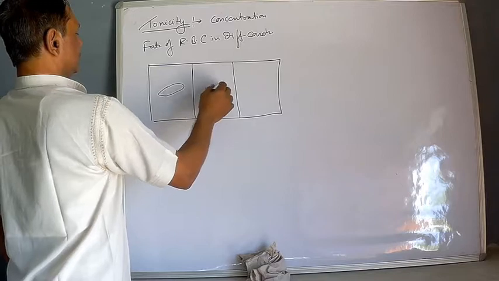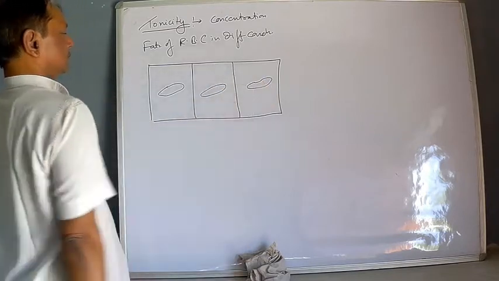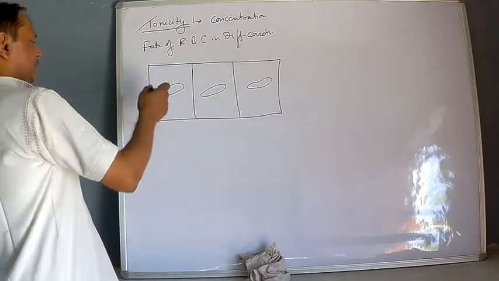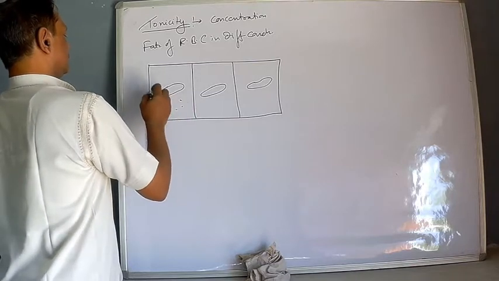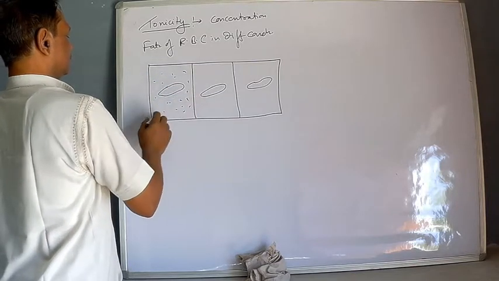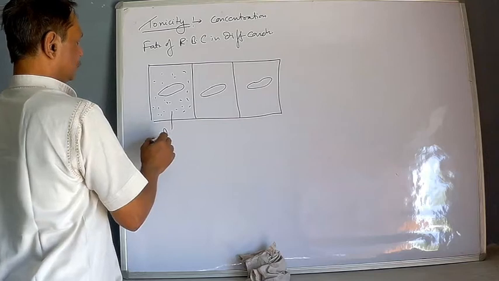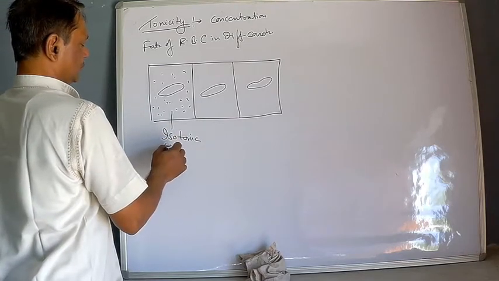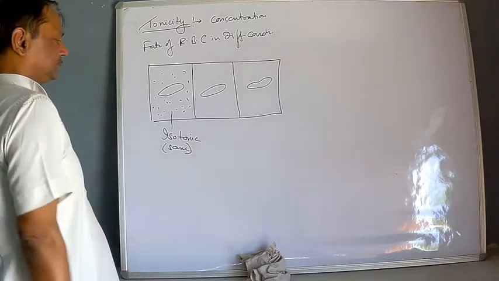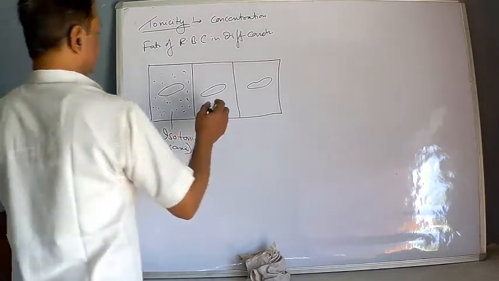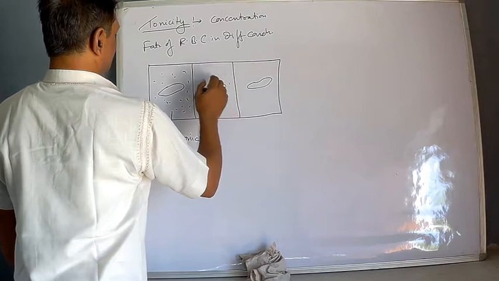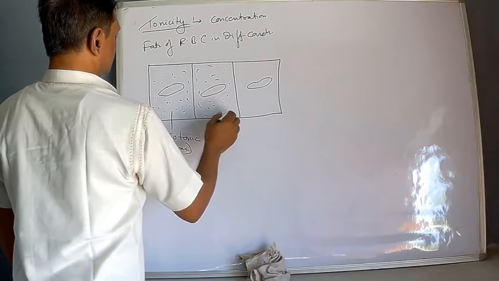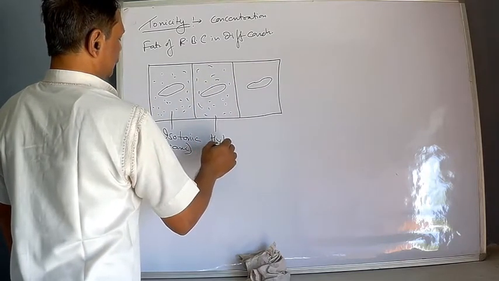Consider it RBC. In the first case, RBC has been put in isotonic solution. Isotonic means same concentration. In the next case, RBC has been placed in hypertonic solution.